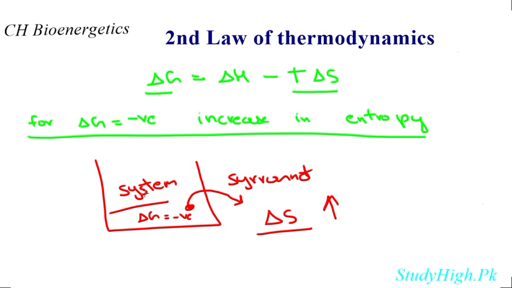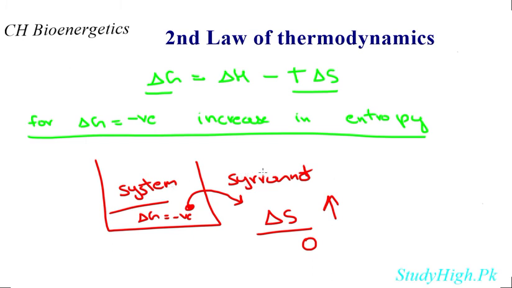If you do not know what is happening inside the system, but you know what is happening outside the system, and the entropy of the surrounding is increasing in positive values, it means that this reaction is exergonic or spontaneous, maybe endothermic but spontaneous.